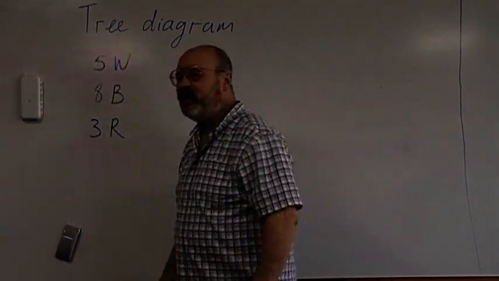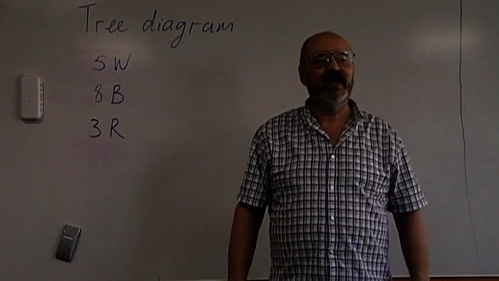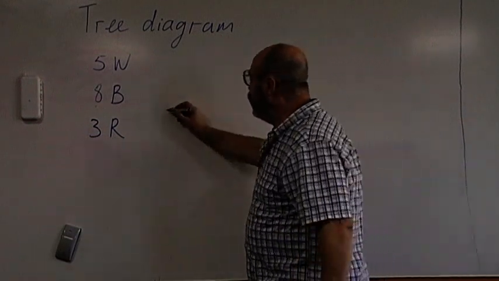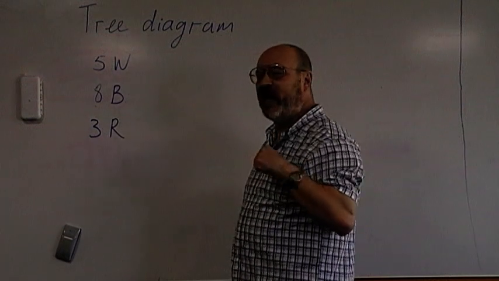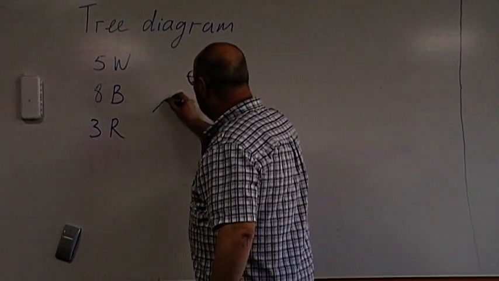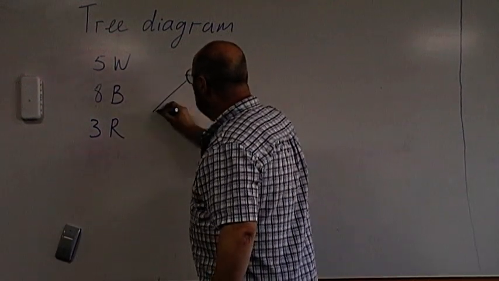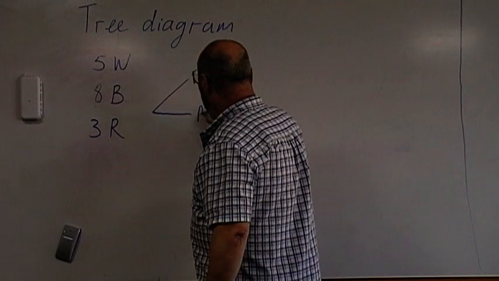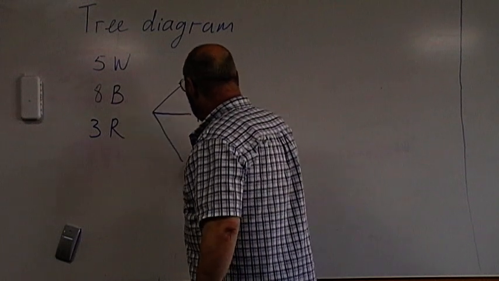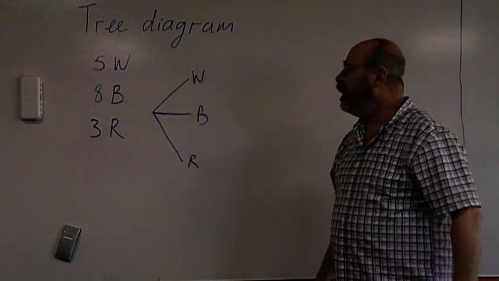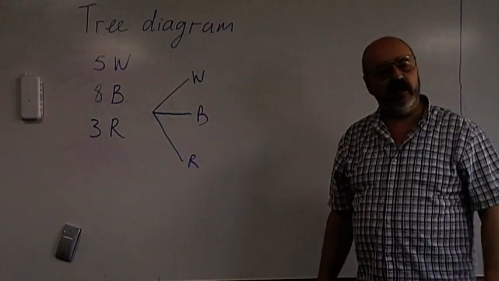So, when he takes one sock at random, he can get white, he can get black, he can get red. But the probabilities are not the same.